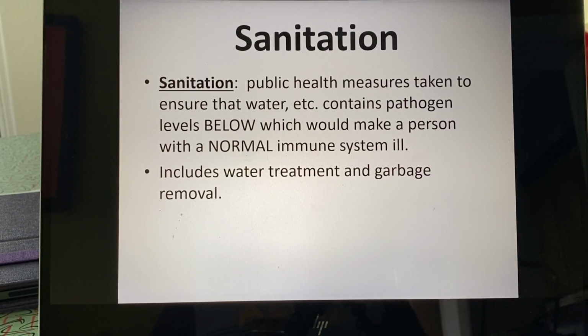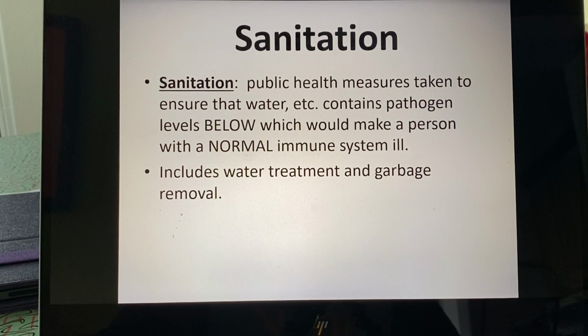Sanitation, I do want you to know. Even though things are very inconvenient for us right now, let's thank God, or whoever, that we have a system of sanitation, and we are lucky enough to live in a place where there is a public health department.